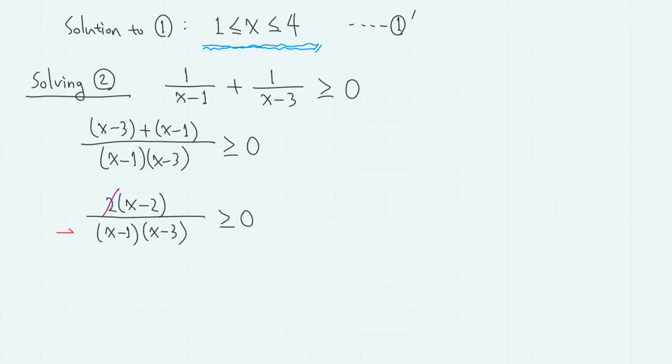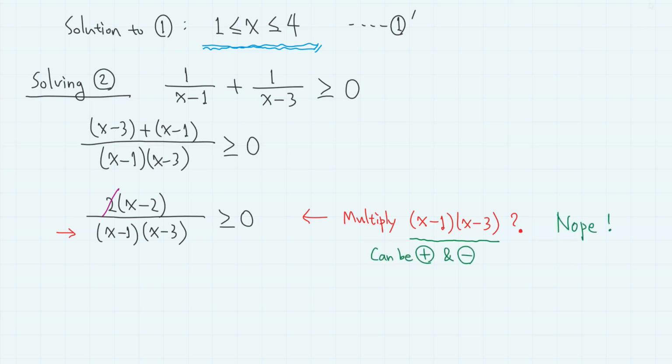But we must be careful when trying to remove the fraction. The first instinct is that we multiply x minus 1 times x minus 3 on both sides. But since x minus 1 times x minus 3 can have both positive and negative values, we cannot do that, because when it comes to inequalities, if we multiply negative numbers on both sides, the direction of the inequality must change.